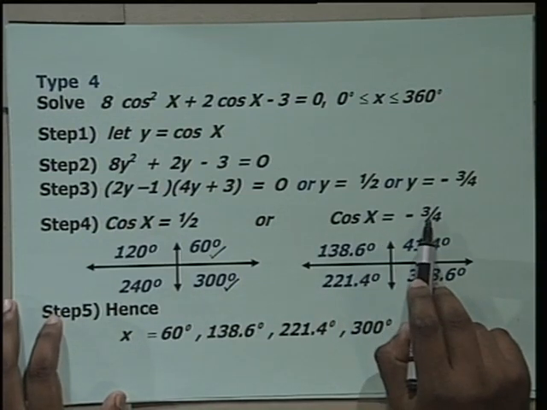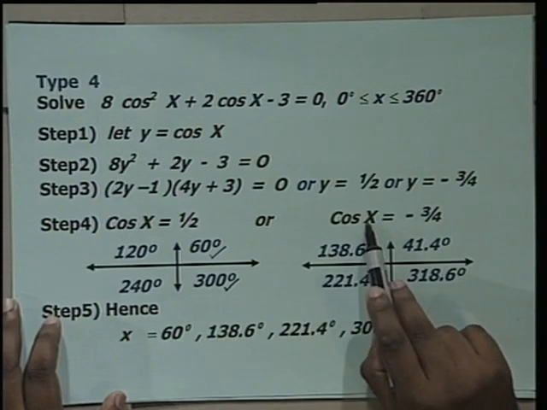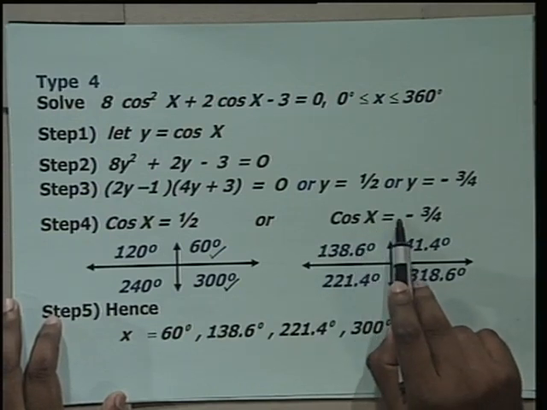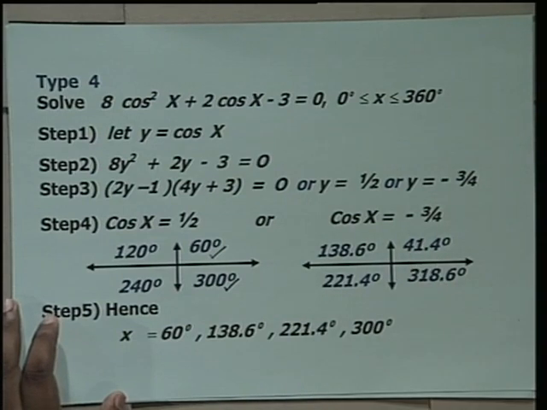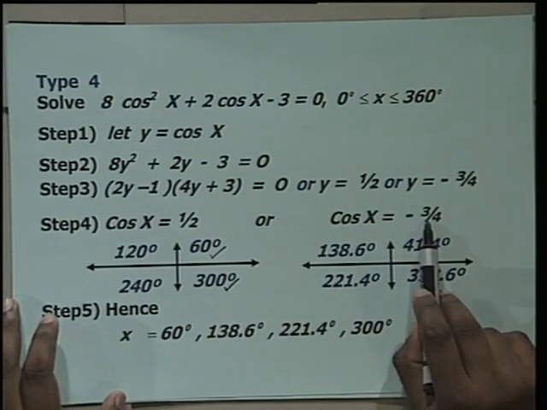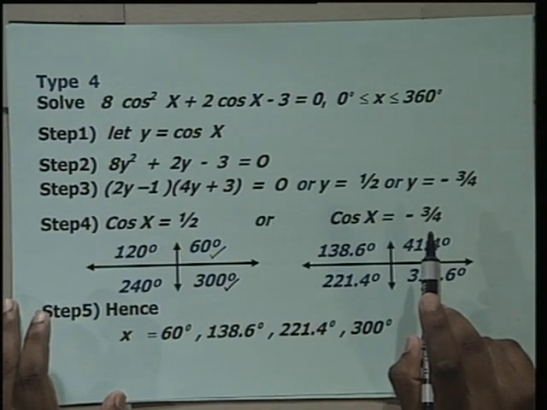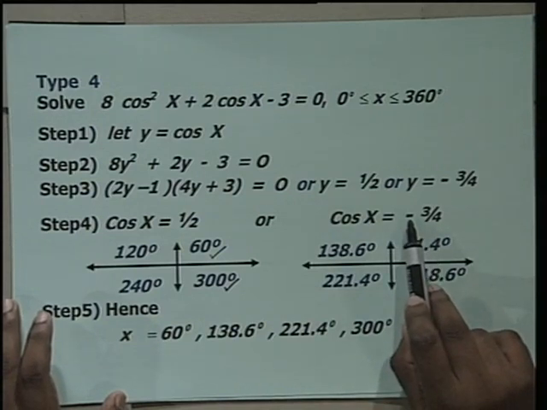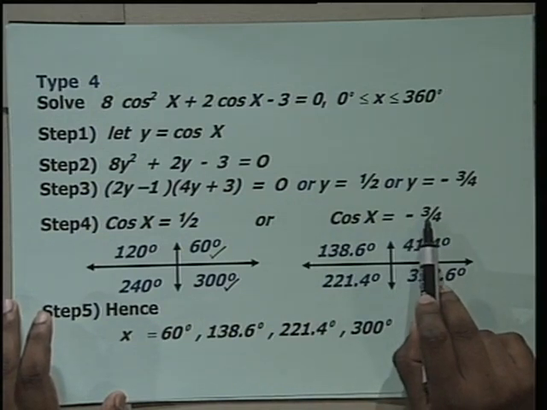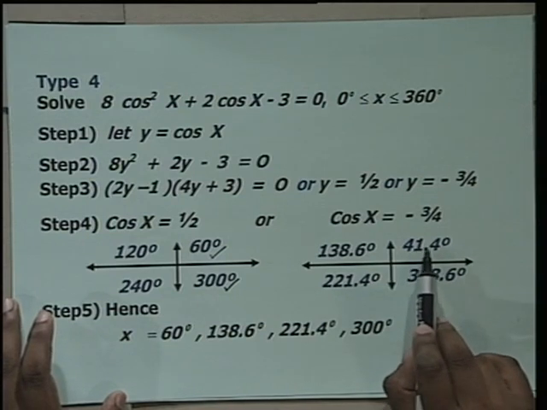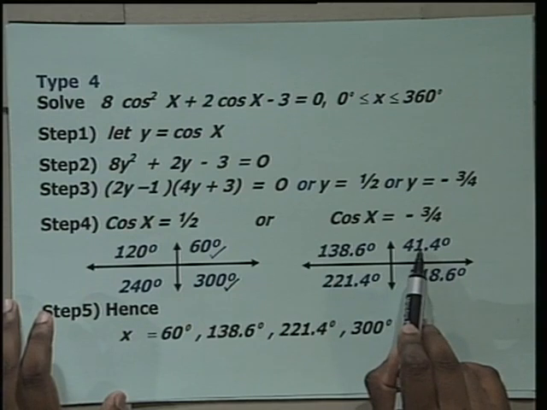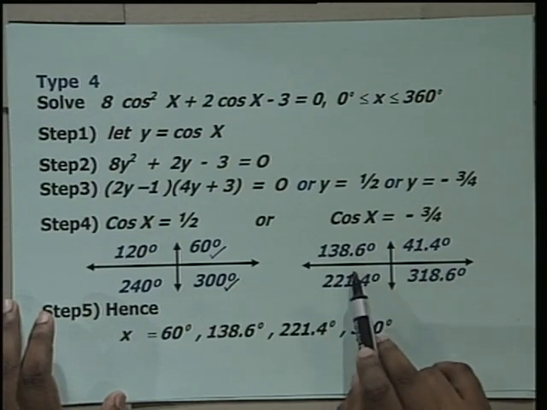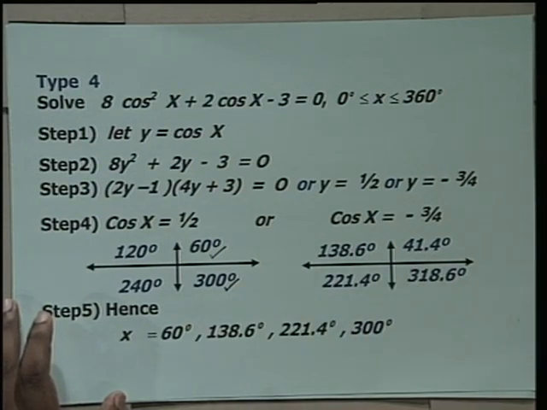Cos x equal to minus 3 over 4. So x equal to cos inverse of minus 3/4. Again, since we have minus 3/4, we'll use our calculator to find cos inverse of plus 3/4, and we obtain 41.4 degrees. And we find the angles related to 41.4 degrees in the remaining quadrants.